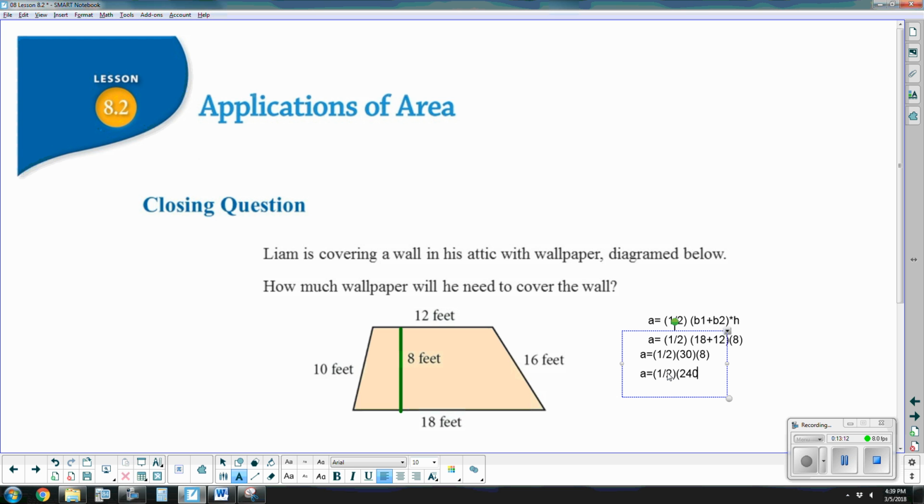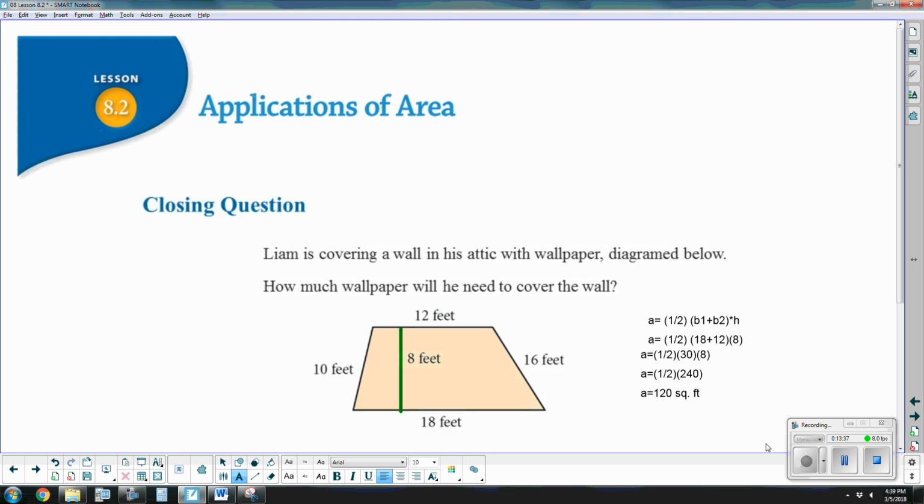So 1/2 of 240 is 120 square feet. So if the roll of wrapping paper comes in 100 square feet, that's not going to be enough for him to cover his wall. So he needs 120 square feet or more in a single roll in order to cover that wall.